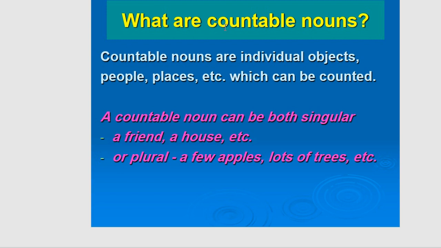Countable nouns are individual objects, people, places, etc., which can be counted. Anything: individual objects, people, places, maybe other things, kinds of materials, all of these we can count.